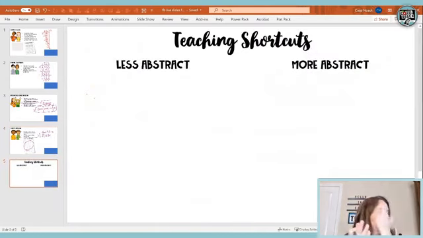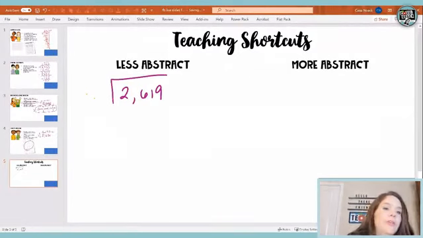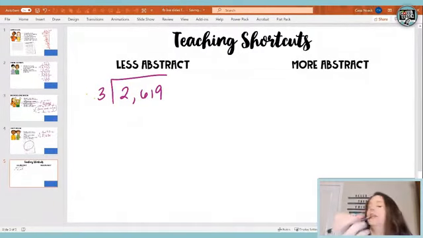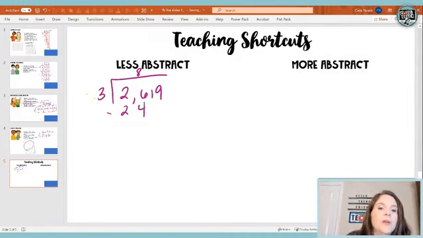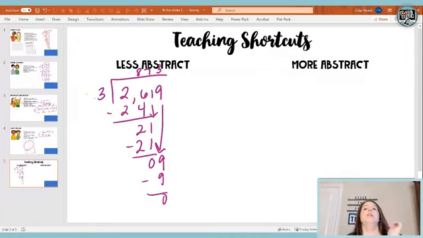What I would start with is just doing a regular old long division problem on the board. And let's do 2,619 divided by 3. Okay, so I'm just going to do regular old long division. So I had 873.